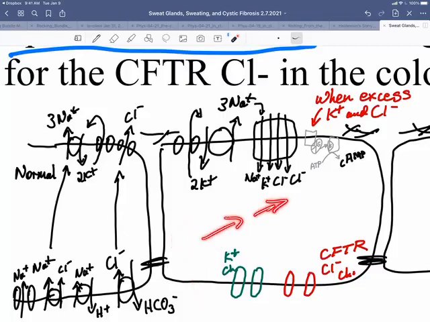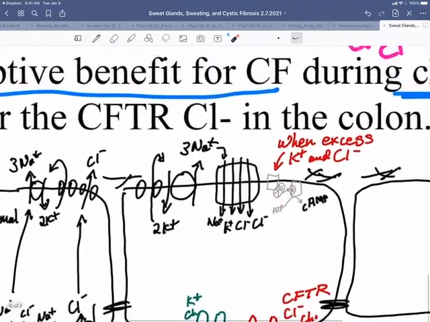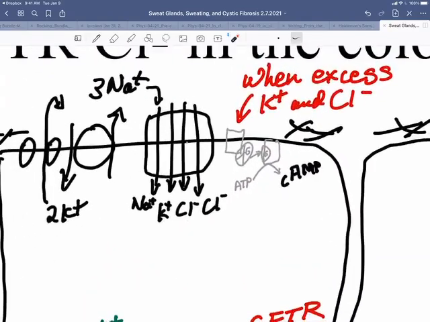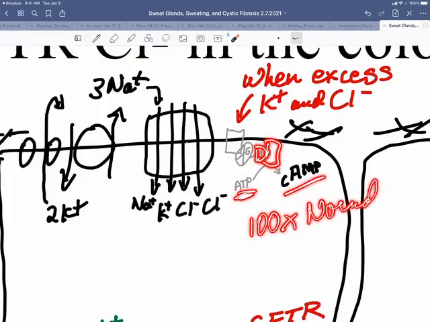It goes through several steps, and the key one is that it activates a G protein subunit to keep it bound, to keep that G protein subunit bound to adenylate cyclase. And so adenylate cyclase keeps making cyclic AMP. You can have 100 times normal cyclic AMP when there's cholera toxin.